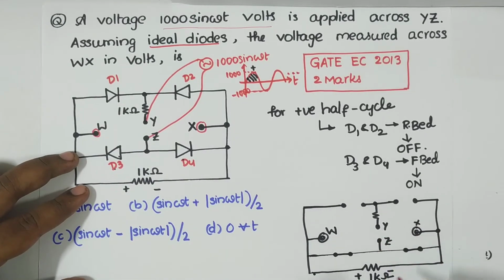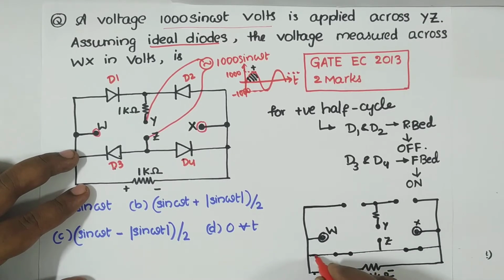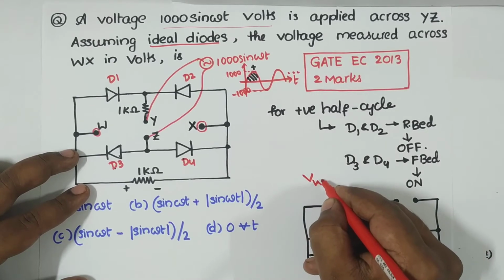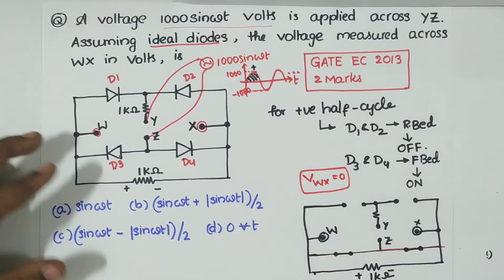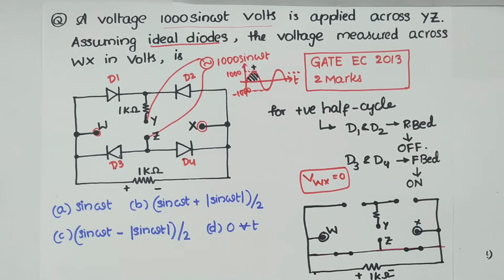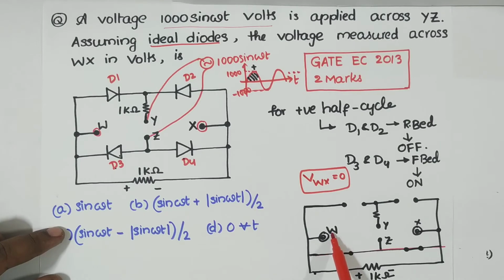That means there is just 0 volts appearing across the 1 kilo ohm. So we could say the voltage across WX terminals equals 0. Simple. So for the positive half cycle, we obtained the voltage across terminals WX as 0.